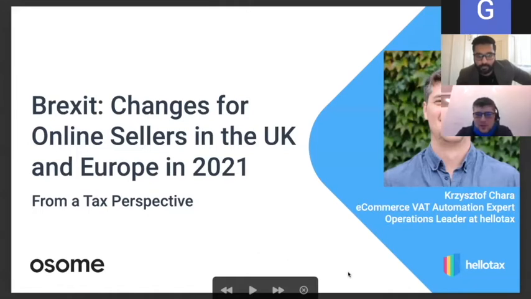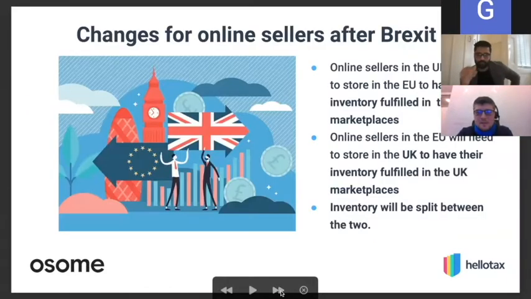So for the part which is interesting for online sellers, what will change after Brexit? Well, there are two scenarios, two groups we need to consider. If you're a UK-based seller that would like still to continue to have competitive deliveries to be trading inside EU, you would have to consider storing inside EU and fulfilling from warehouses there.